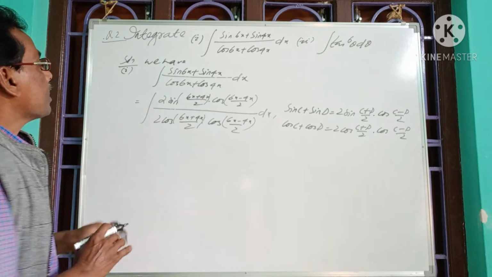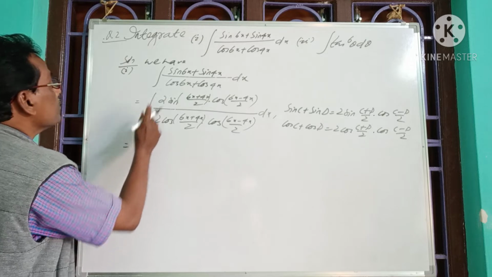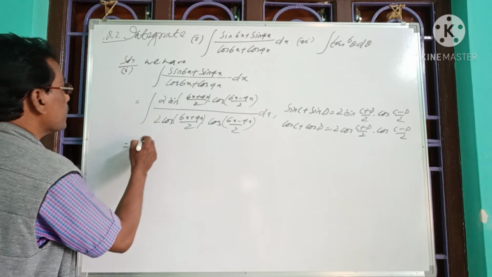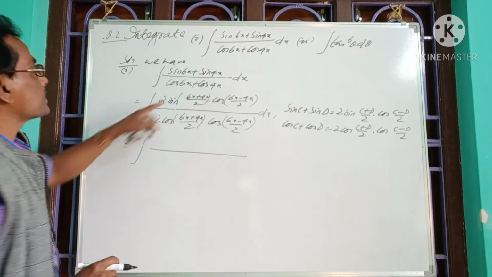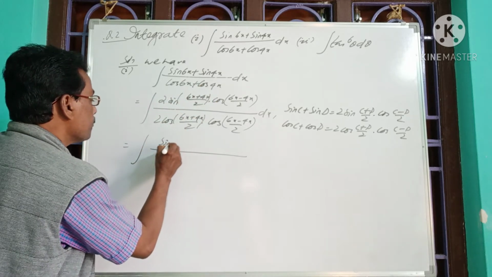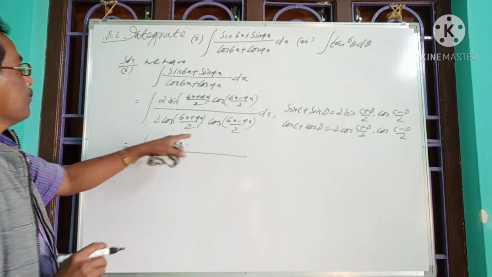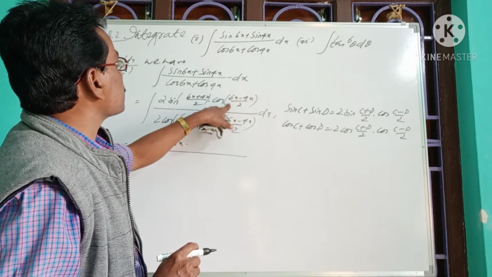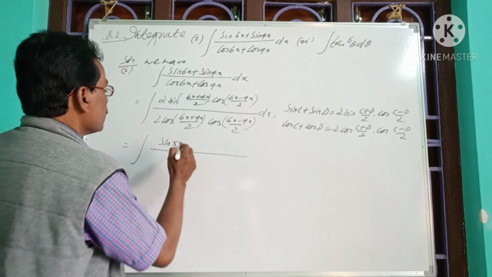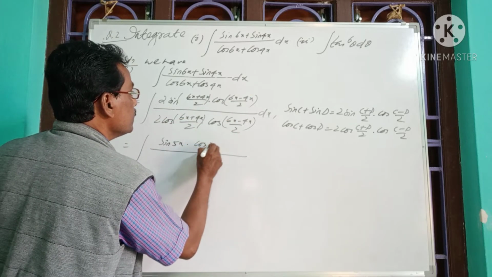Now simplifying, the 2 is cancelled. We have 6x plus 4x, that is 10x, by 2, which is sin 5x. Also we have cos of (6x minus 4x) by 2, that is 2x by 2, which is cos x.